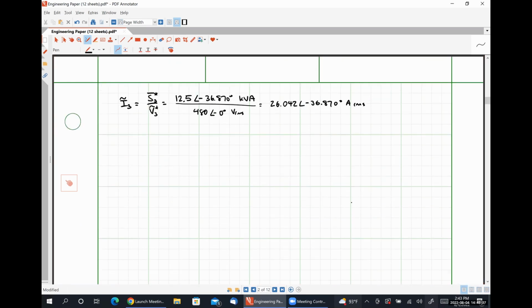So now that we know these three currents, we can say that IW, the current flowing through my transmission line, is just I1 plus I2 plus I3.